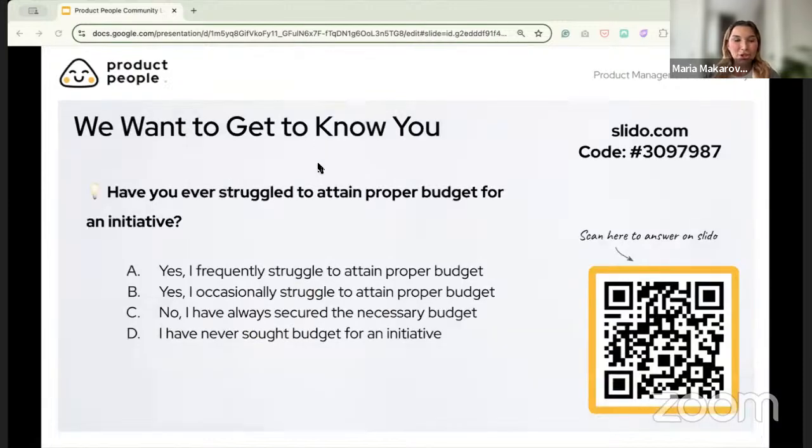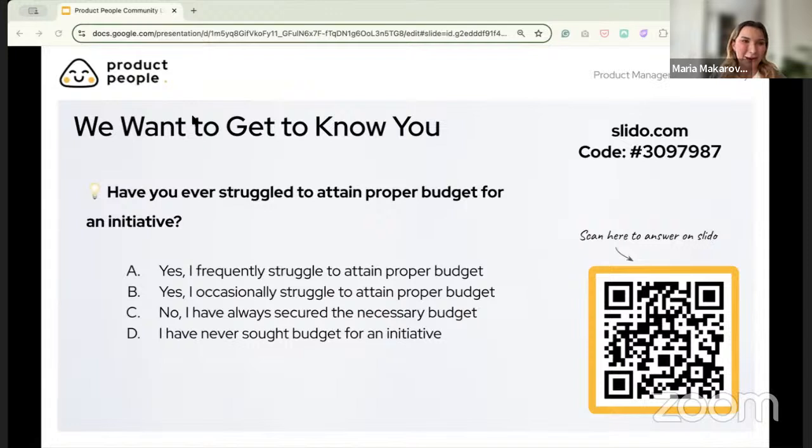And this is just a fun poll. As I've already said, you can scan this QR code on the screen right away, and it'll allow you to answer this fun question to break the ice and see what's up a little bit. The question is, have you ever struggled to attain proper budget for an initiative?